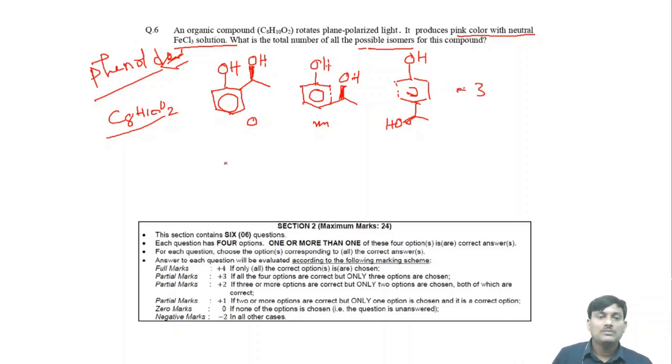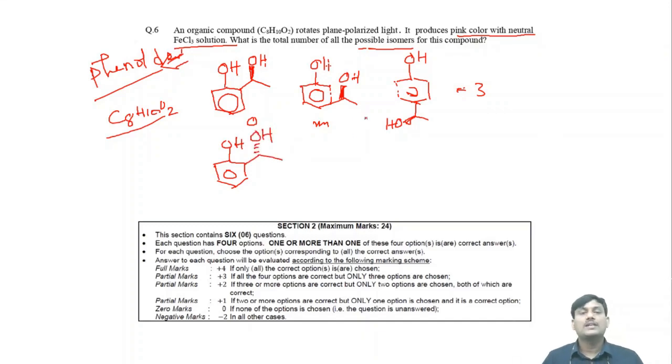At the same time, the OH can be written as below the plane. Above the plane is possible, and below the plane is also possible. Here you have to consider all possible isomers. Okay, in this case also you can find 3.